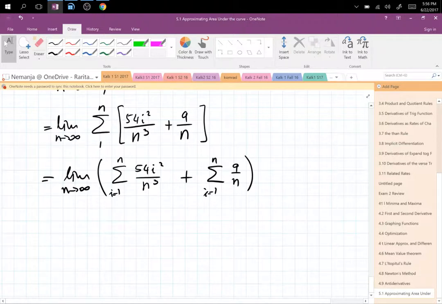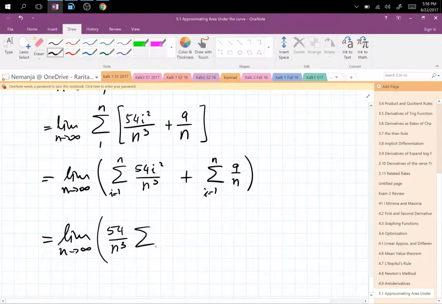Everything else is technically factored from each term, and then later when you solve it, it multiplies back. So limit n goes to infinity. I can kick 54 over n cubed in front and have summation i goes from 1 to n of i squared. Plus, I can do the same thing, 9 over n, and then I'll just have summation of 1.